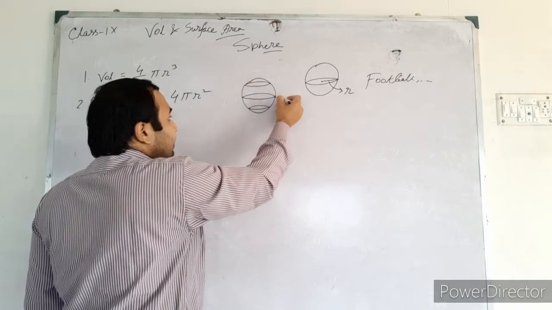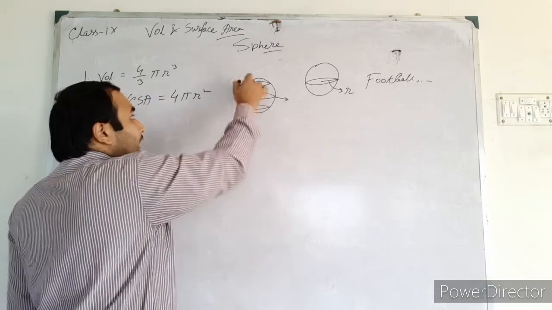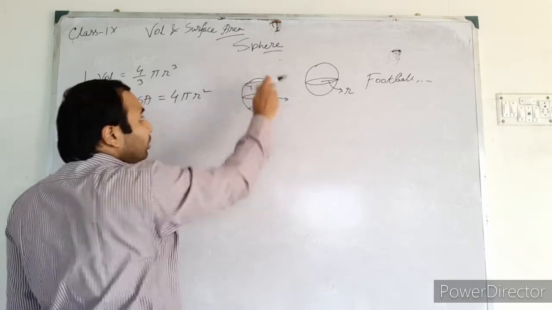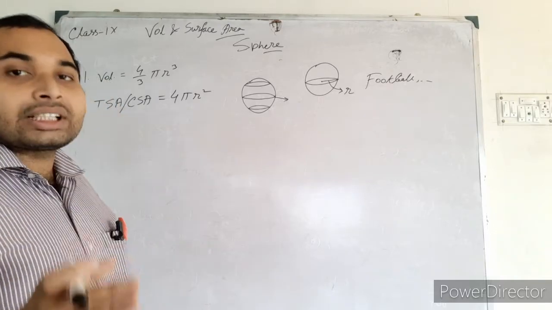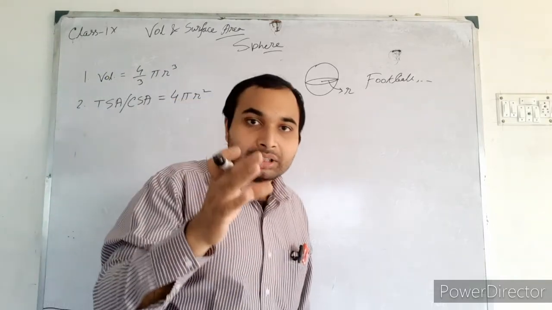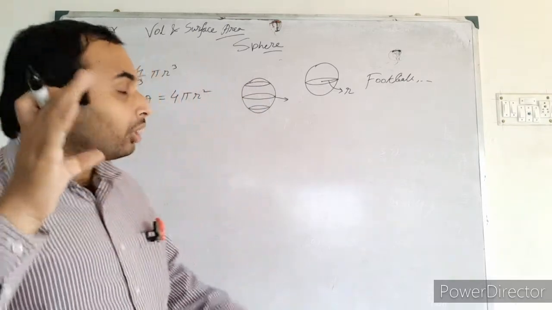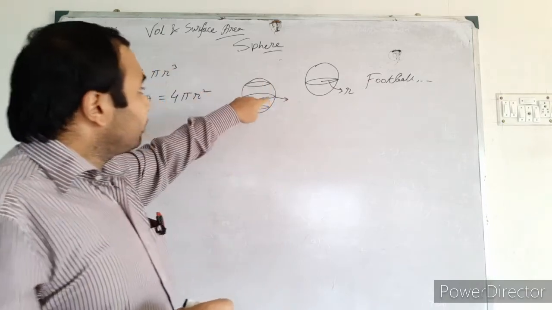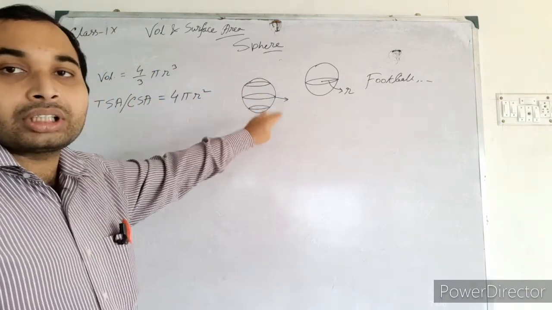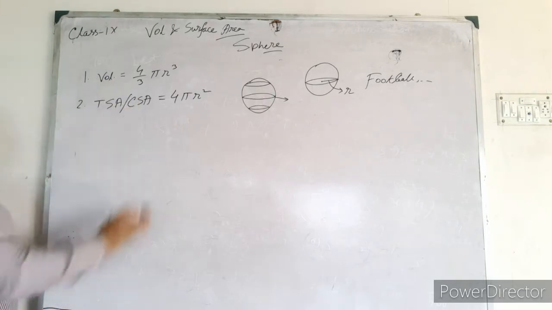If this is the equator, the Tropic of Cancer, the Tropic of Capricorn, and if you take this one total circle, here 4 circles are there. Each circle has the area pi r square. So 4 circles give 4 pi r square. I am saying again, this is only for memorizing and doesn't have any logic. Okay, so 4 pi r square is there.